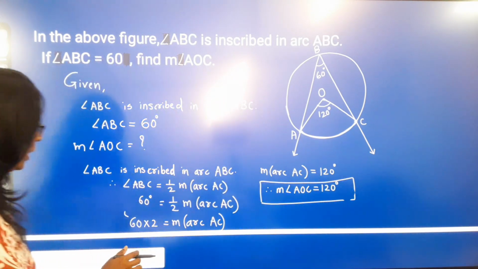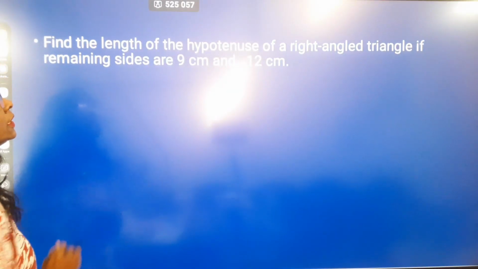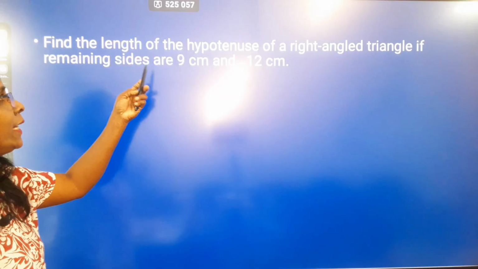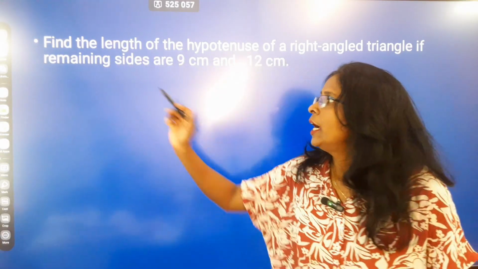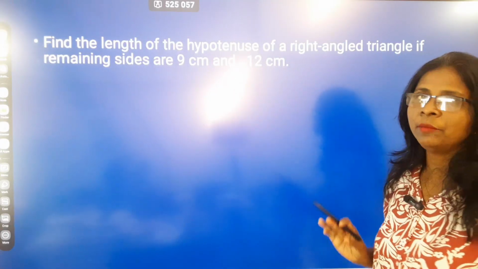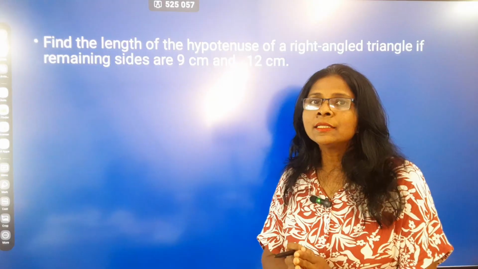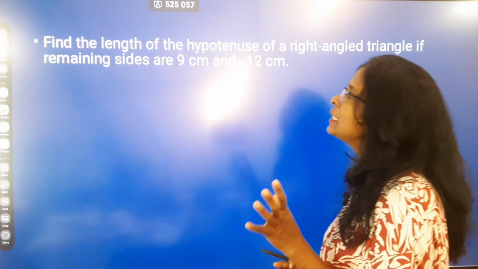Then next example. See the next example. Find the length of the hypotenuse of a right angle triangle if the remaining sides are 9 centimeter and 12 centimeter. So here, students, it is a right angle triangle, and in the right angle triangle, the remaining sides are given.